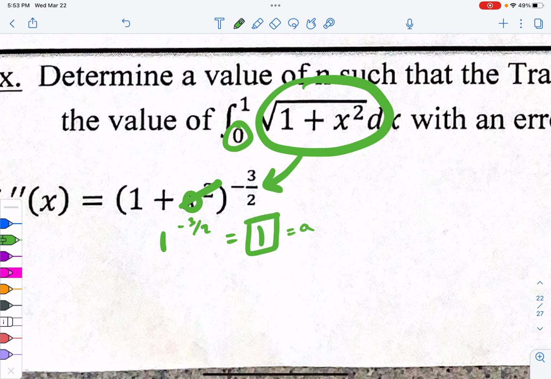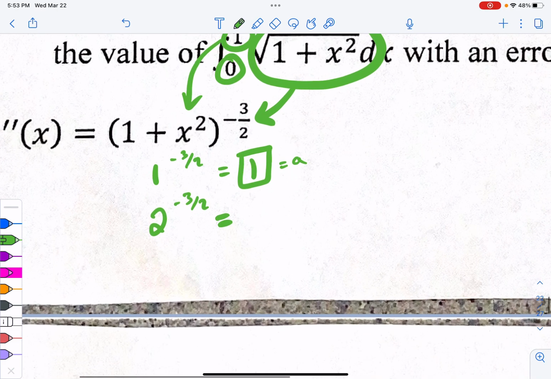If I were to plug in B, B is 1, okay? And 1 squared is 1, so this would be 2 to the negative 3 over 2 power, okay? Let's just talk about what that looks like.